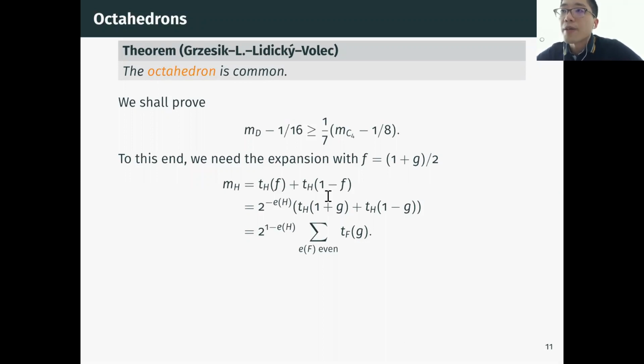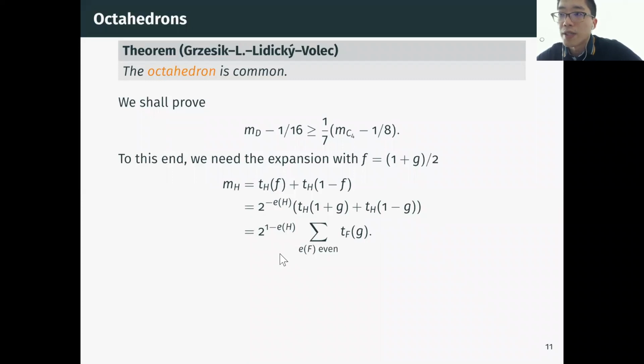But I can simplify this a little bit as follows. If I replace my f like this, then I get this equality by pulling out the half term, and then I expand this multilinear expression to obtain this.